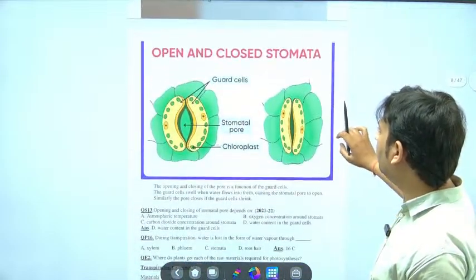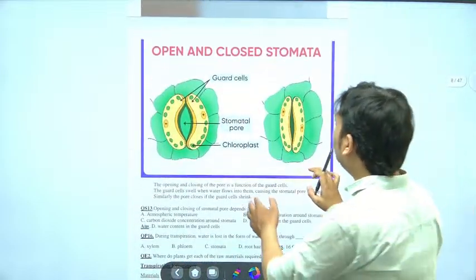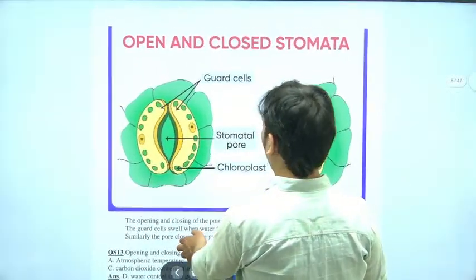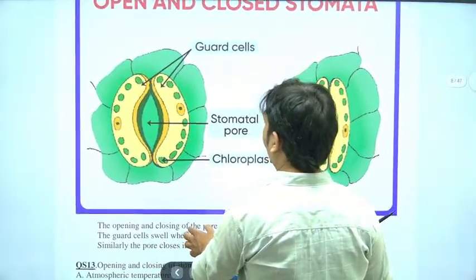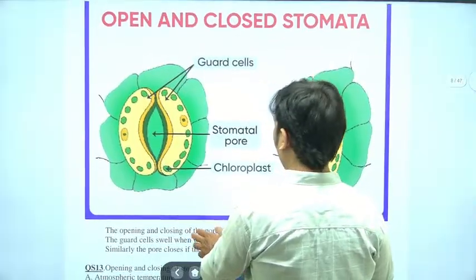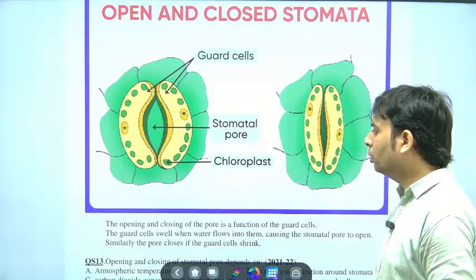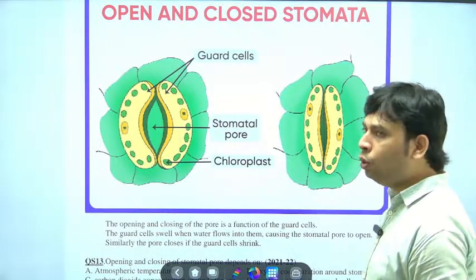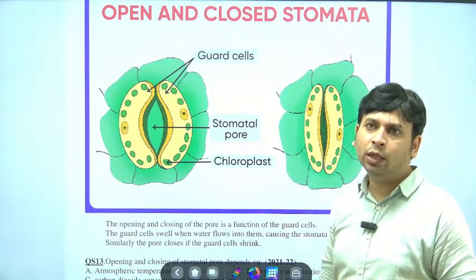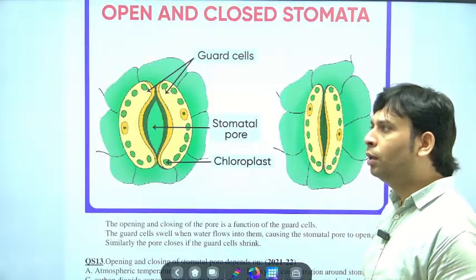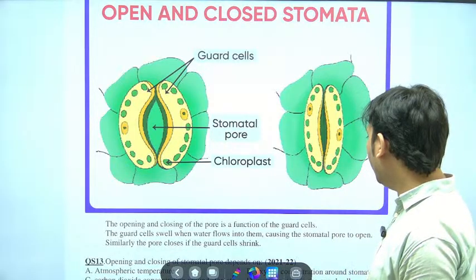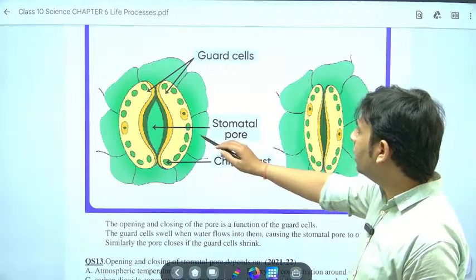Now look at how the opening and closing of stomata is done. The function of opening and closing of stomata is done by guard cells. These are the guard cells.